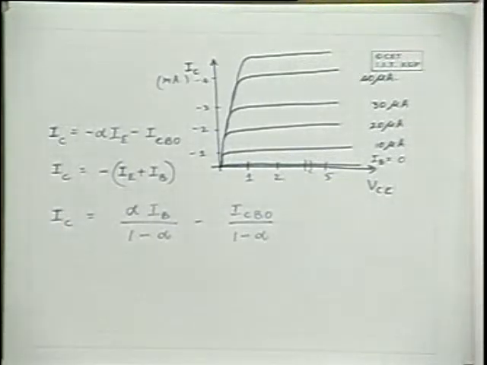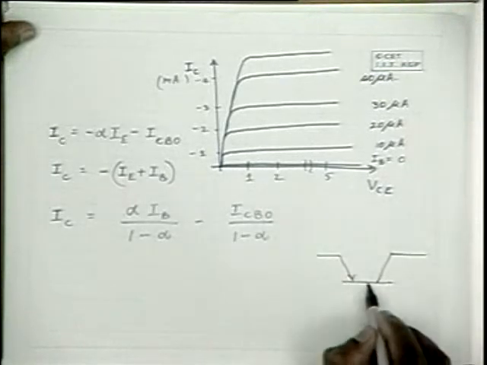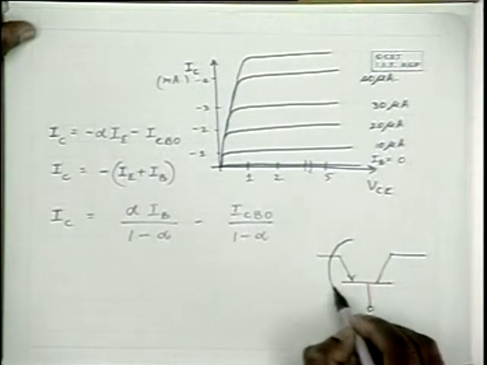Now, when the base current is 0, that means the base is open circuited.